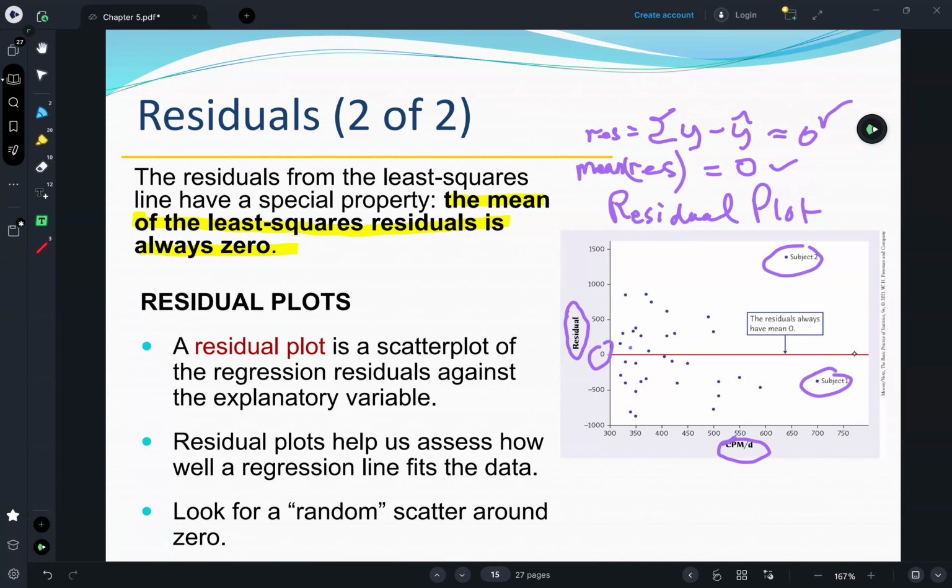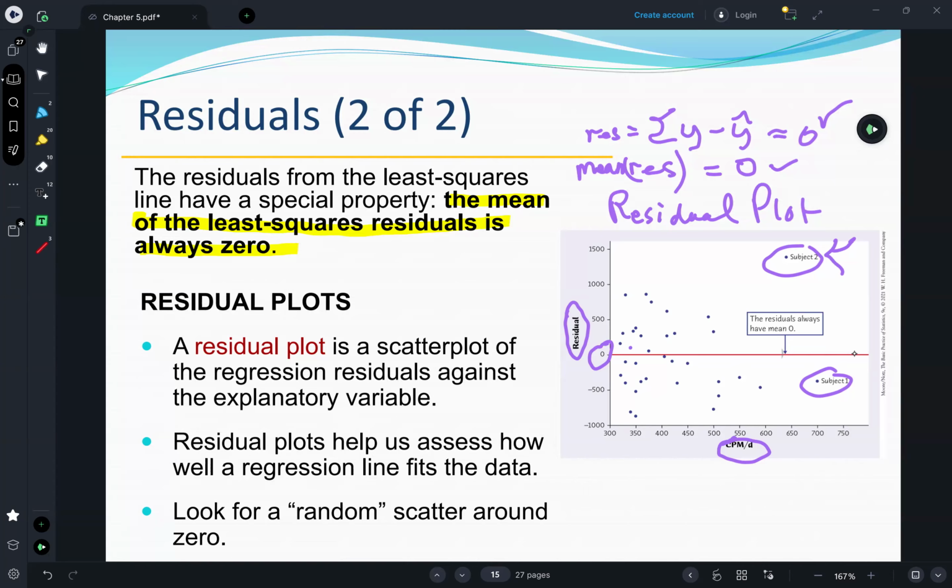And we can see that there is an outlier here. And it's pretty empty on the right side of this plot, so this side is not as much data as the other side. We want it to be really random scatter about the 0, and 0 is here with the red line.